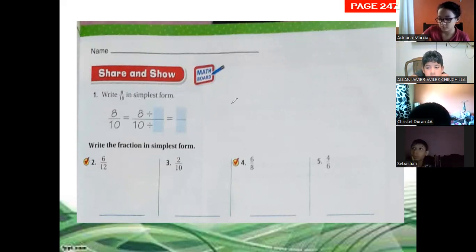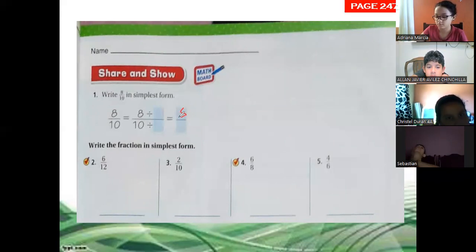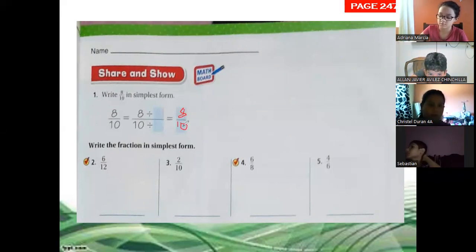We can divide by 1. But 8 divided by 1 equals 8. 10 divided by 1 equals 10. So look, I have the same fraction. That's why 1 is not an option. It needs to be a number greater than 1.